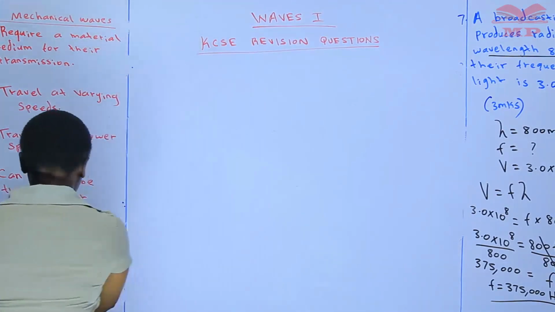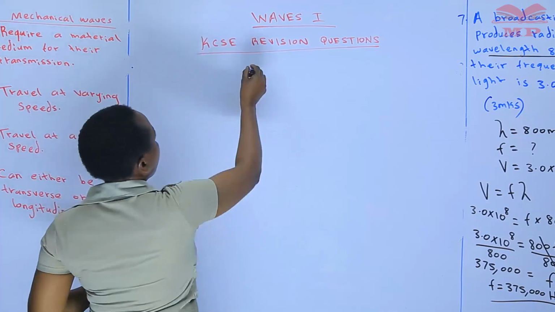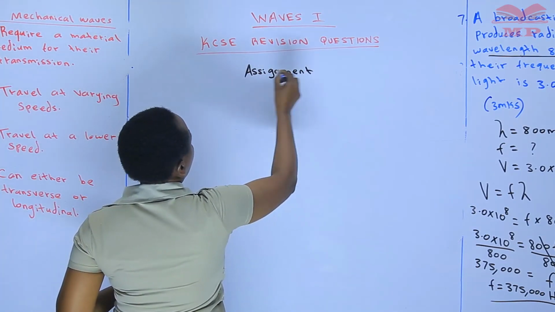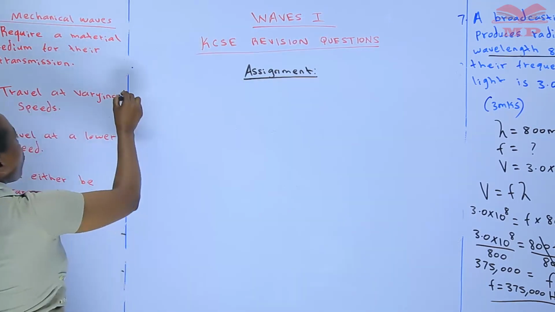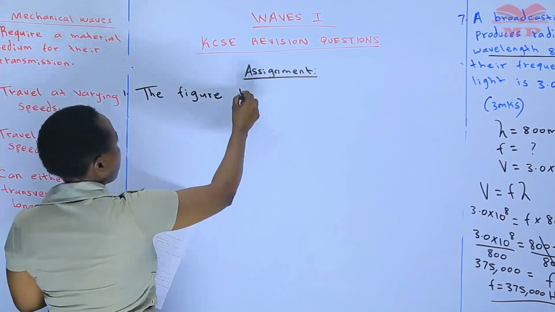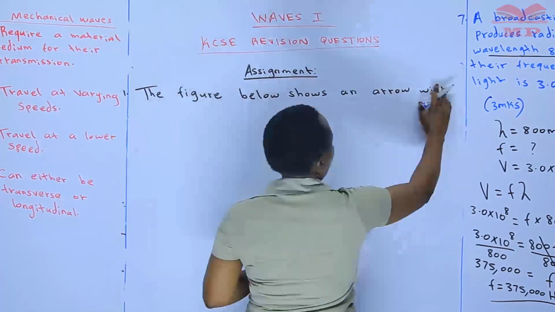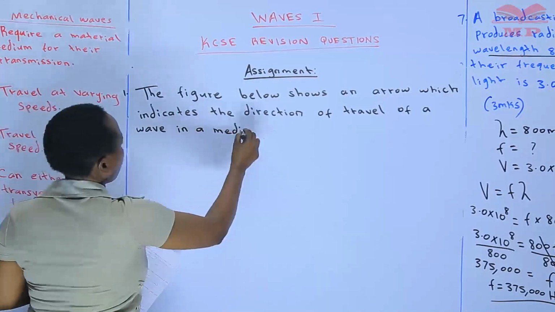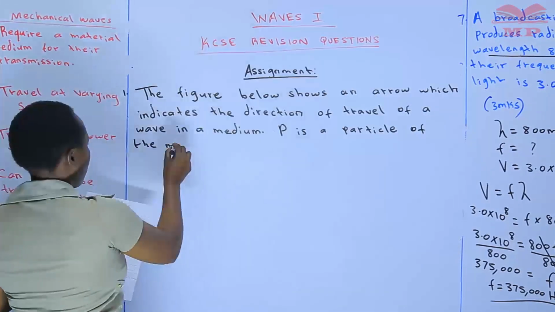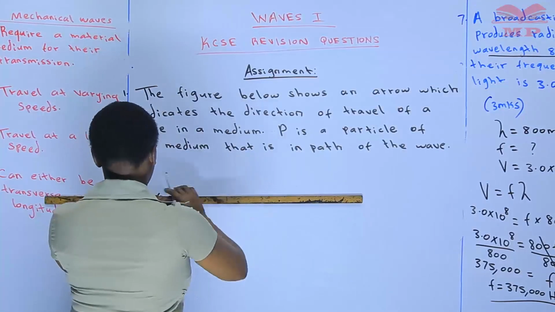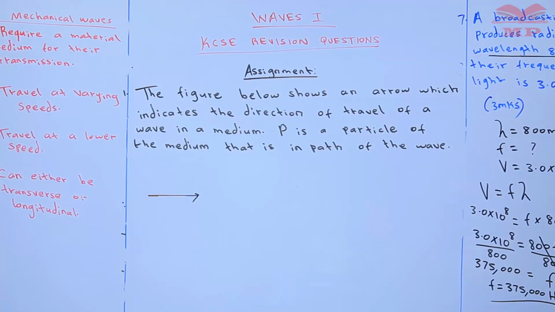So an assignment here for you. I can give you a few questions. Number 1. So that is the arrow.